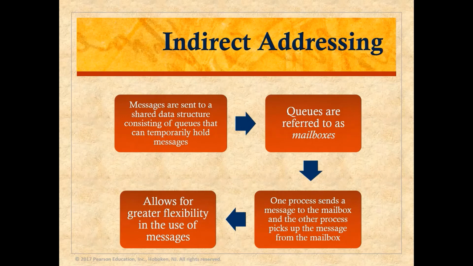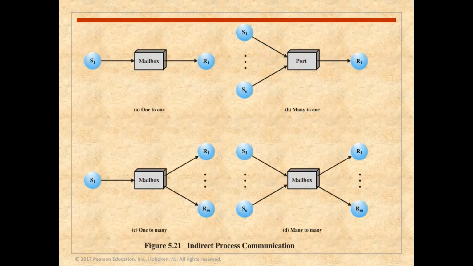If we go to the next figure, it shows the one-to-one case where we have the mailbox. We could also use a port. The concept is indirect communication, so we could use the indirect type of addressing.